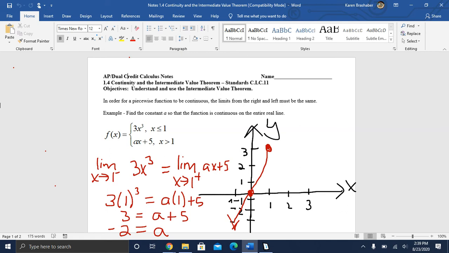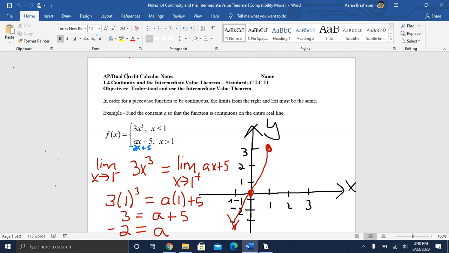So if a is negative 2, then this part of the piecewise function, ax plus 5, would actually be negative 2x plus 5. And whenever we're graphing piecewise functions, I always have students graph at the boundary, even if that boundary is not included.